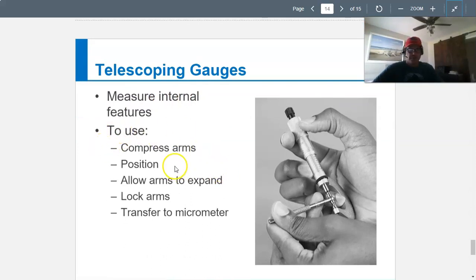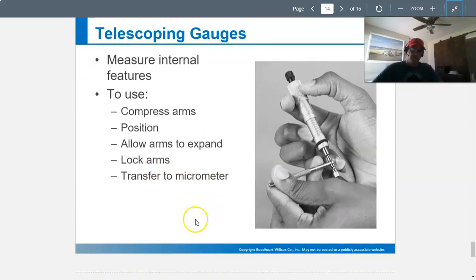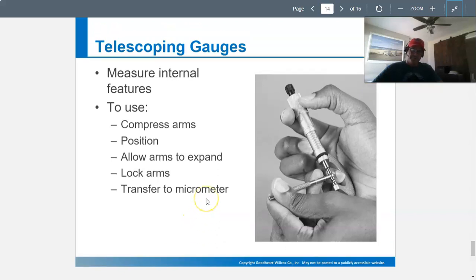You compress the arms, and you position slightly at an angle. It says compress the arms. It doesn't say lock the arms, so it can be kind of confusing. But I'll look up a YouTube video and add a link so you're able to see this within the module this week.